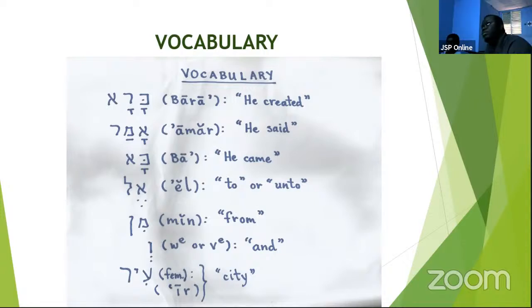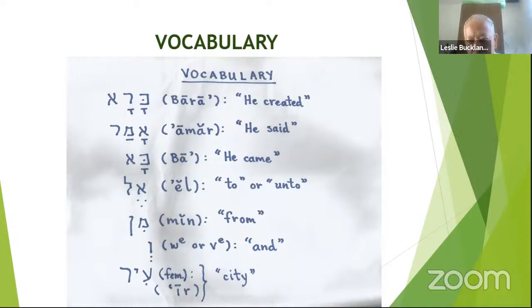Yes, the difference between the two is not so much in what they mean, but in how they interact with other words. The le, which is to, is called an inseparable preposition. That is, it joins to a noun, and it becomes one with that noun. El, though, is not joined to a noun unless it is done by a makaf, a horizontal line that joins it to another word, but it's not directly joined to a word.